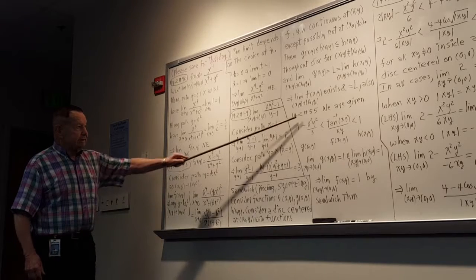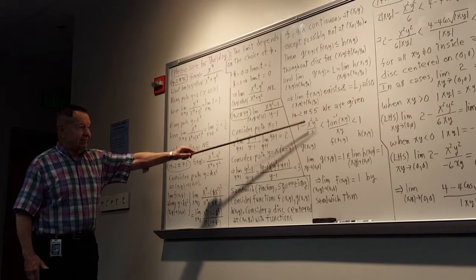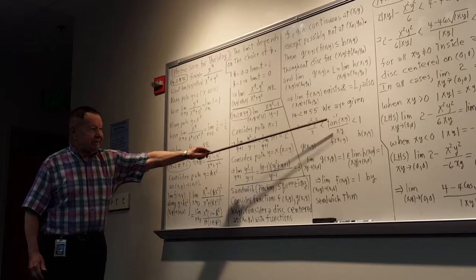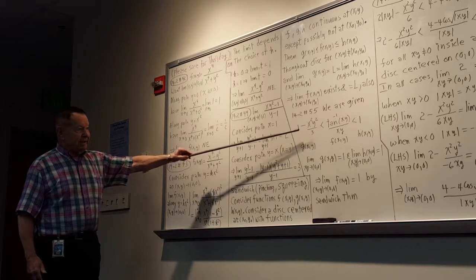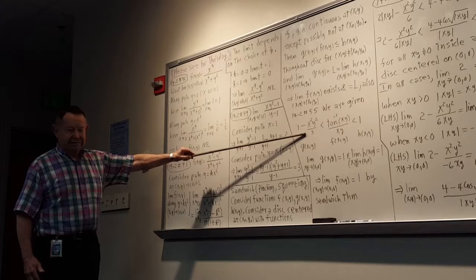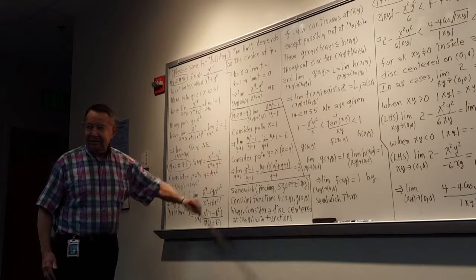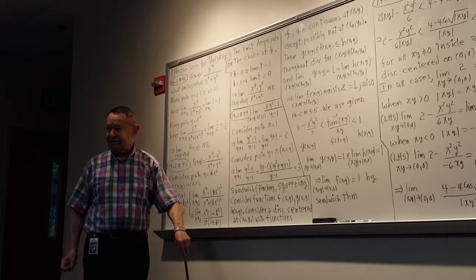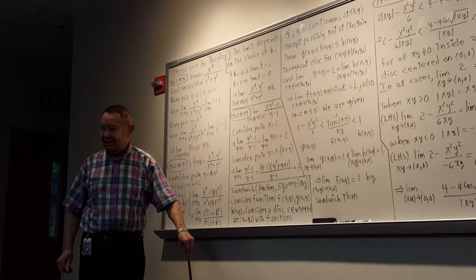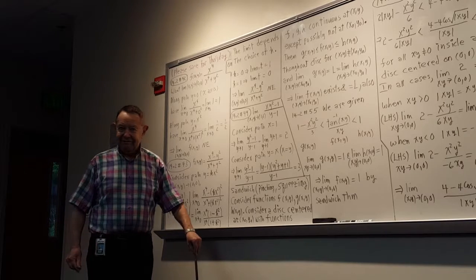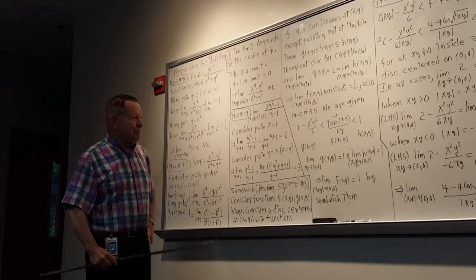So in problem 55, we're given this inequality. Now it might be quite a bit of work to prove this inequality, but you're not asked to do that. The book's giving you that. Okay, so be grateful and don't argue.